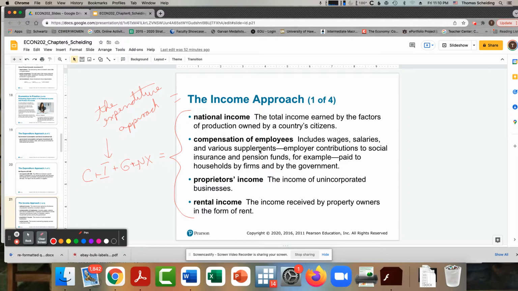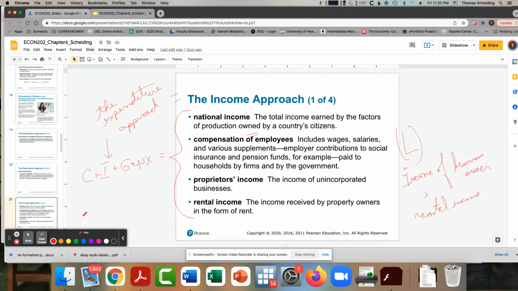So national income equals either selling your labor, that'd be your compensation of employees, plus the income of the business owner, plus the rental income. Rental income meaning from lending out a building of some kind.